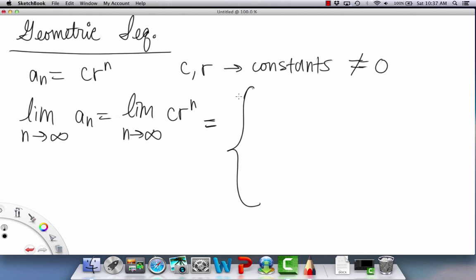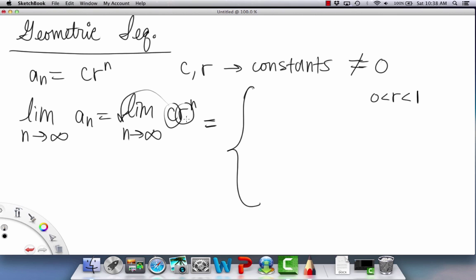So c is just the constant that is in front, so technically you could bring that out in front here, and it doesn't do a whole lot, it just sits there, but r is the important one. So let's say we said r can't be 0, but let's say it's between 0 and 1, all right?